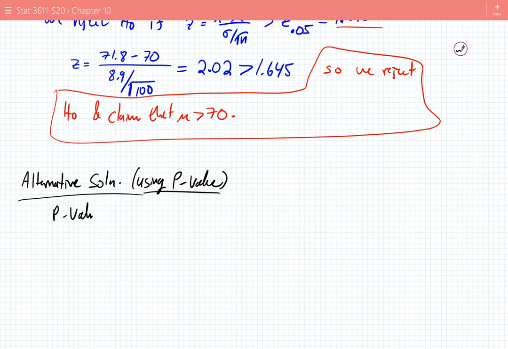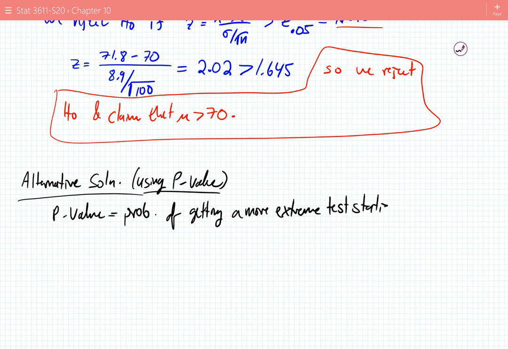A p-value is the probability of getting a more extreme test statistic than what you observed.